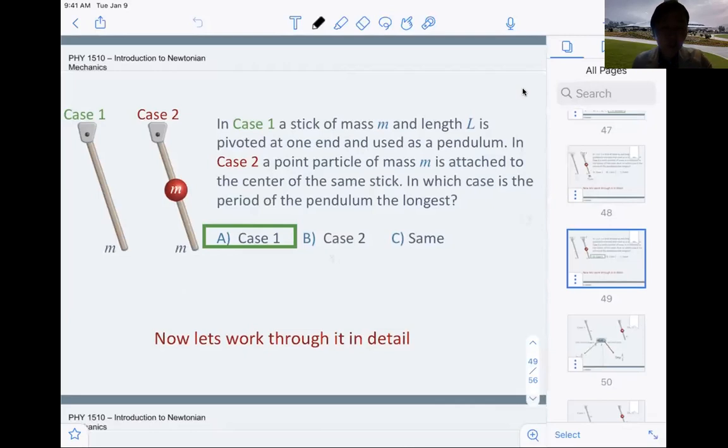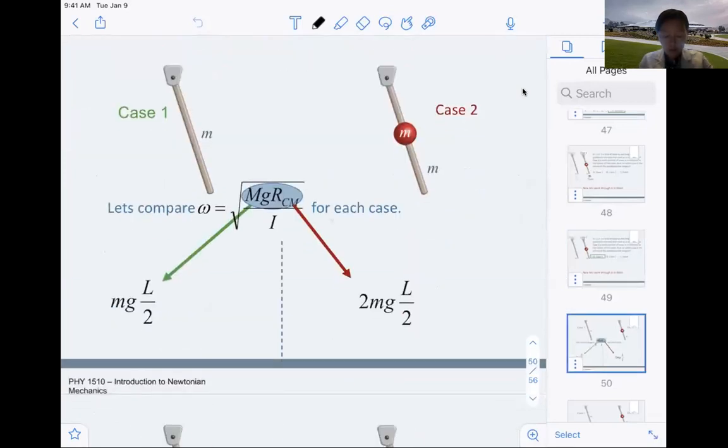If we wanted to work it out in more detail, we can calculate the exact period using our mathematical equations. So the angular frequency omega is the square root of mass times g times the distance r from the center of the mass to your axis of rotation, divided by I, the rotational inertia.